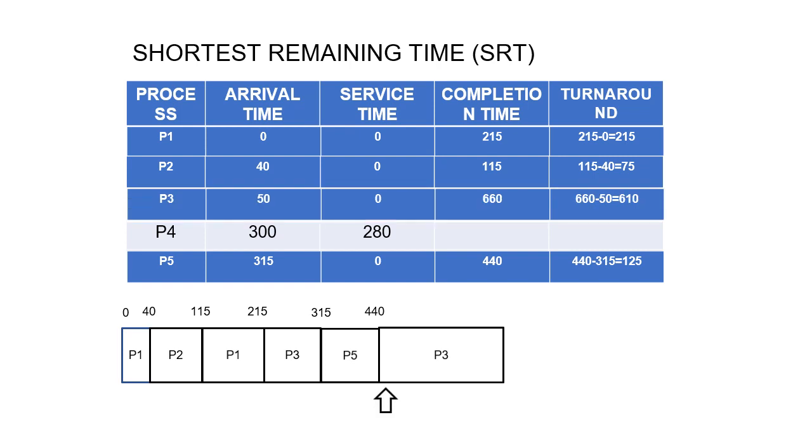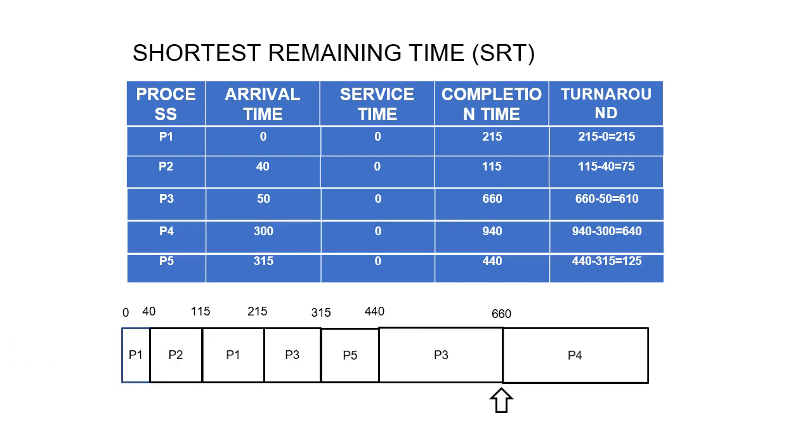The completion time of P3 is at 660 seconds, and the turnaround time is 610 seconds. Lastly, P4 executes; the completion time is at 940 seconds, and the turnaround time is 640 seconds. The average turnaround time for the whole system is 333 seconds.